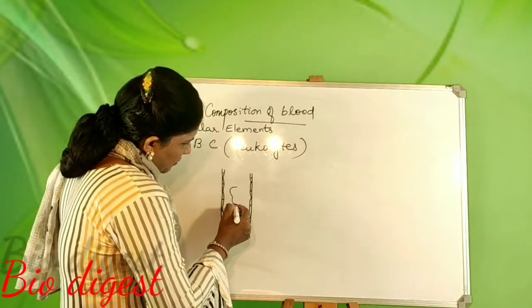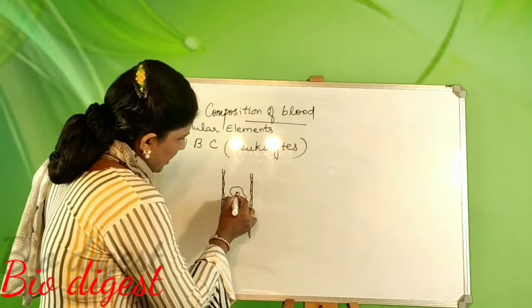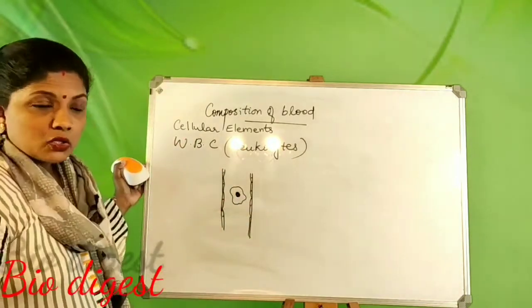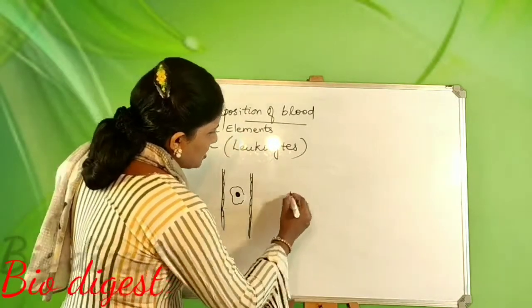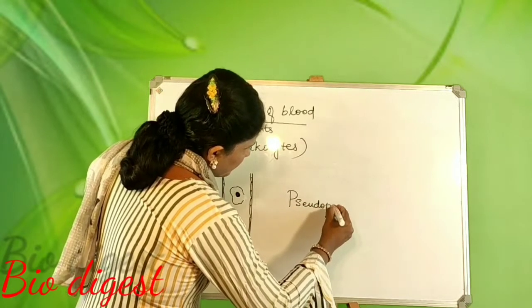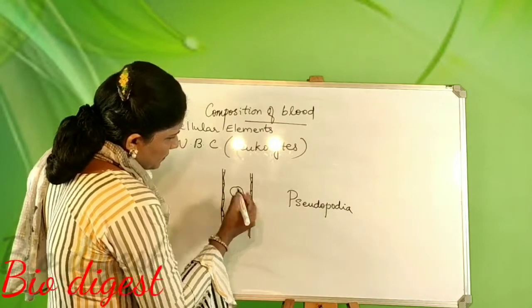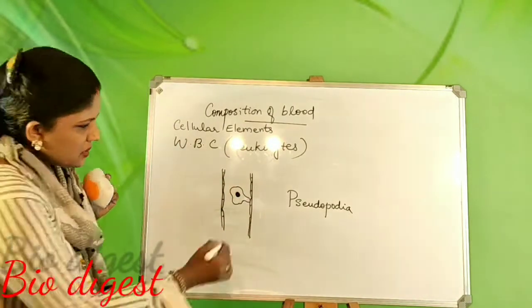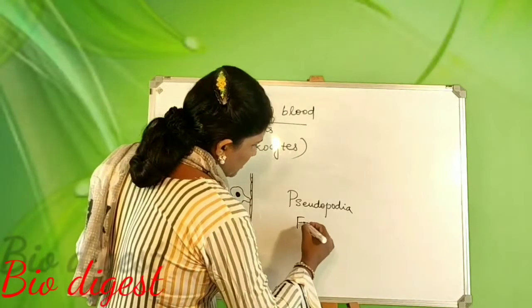Imagine that this is a WBC. Okay. It's having a nucleus. So by producing pseudopodia, pseudopodia means false foot, like this. Okay, this is pseudopodia. A false foot is produced.